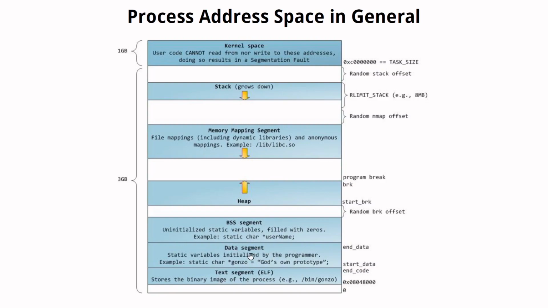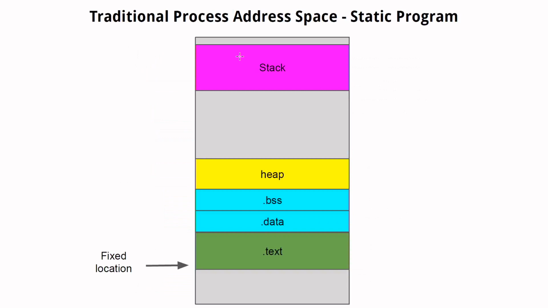Then we have the data segment, we have the BSS segment, which is uninitialized variables, and we will initialize all of them to 0. Then there is the heap, there are system libraries, also C libraries. Then going higher, we have the stack. Then the higher 1 GB, we reserve for kernel space. So that's the address space. And it looks like it's fixed, right?